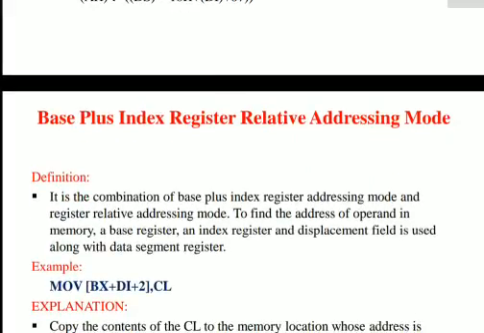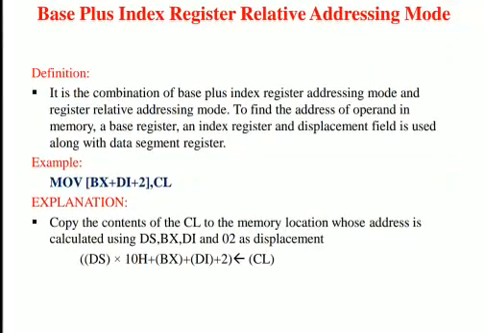Then the last one is base plus index register relative addressing mode. As the name itself indicates, it is a combination of base registers and index registers and then relative displacement. That is specified in the definition.